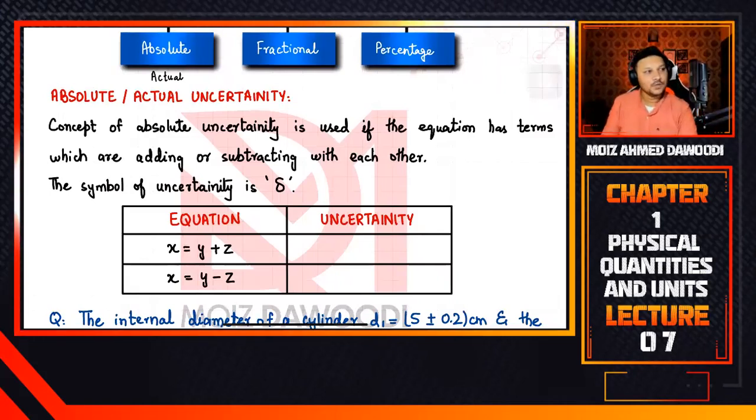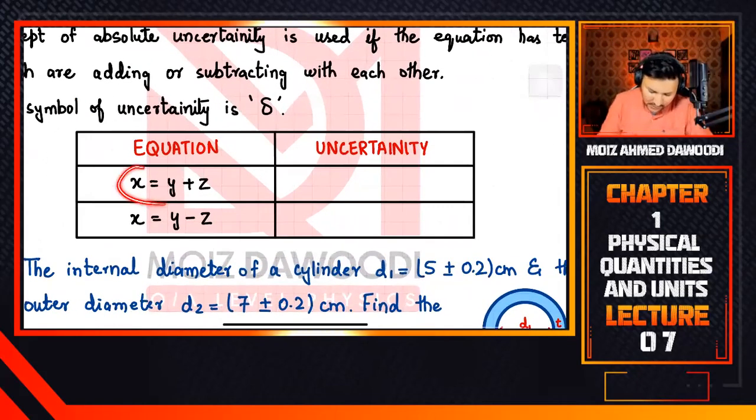Okay? So this equation carries addition or subtraction operators. If I write down the uncertainty of this equation, I will write it as uncertainty in x equals uncertainty in y plus uncertainty in z.